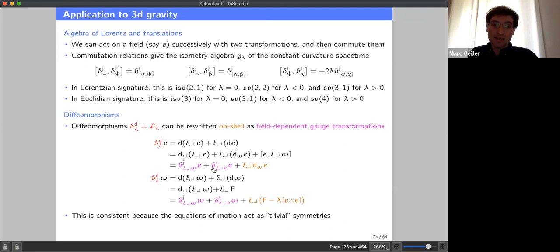So delta J and delta T both annihilate variations of the Lagrangian. But what I invite you to check is that the last term in orange, which is proportional to the equations of motion, when you take this as a transformation of the fields in the Lagrangian, you also get 0. This is just a statement that the equations of motion act as trivial symmetries.